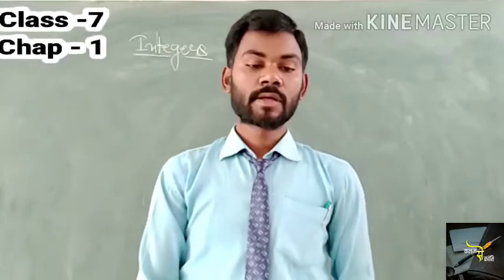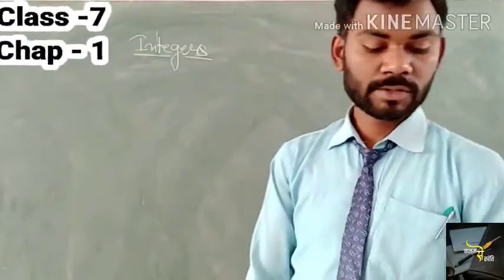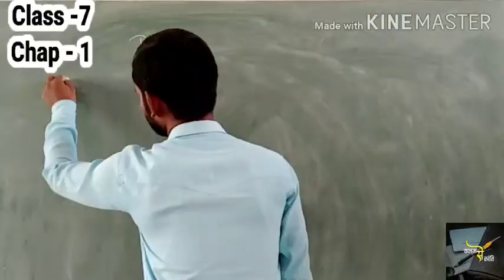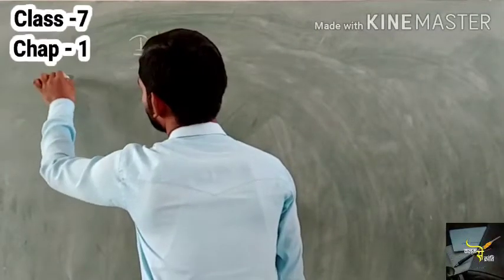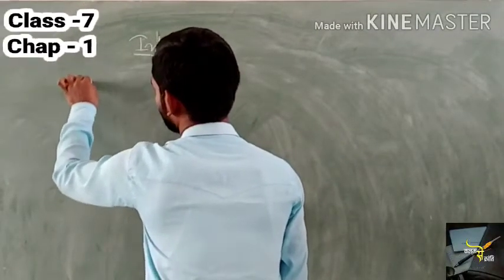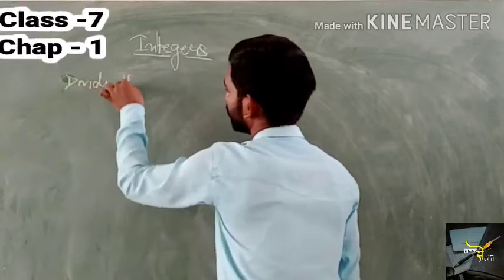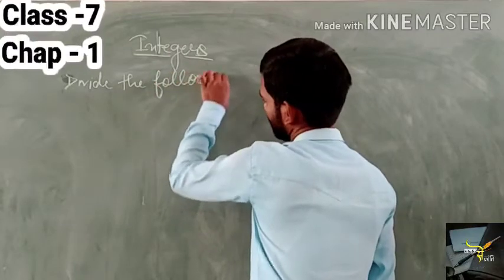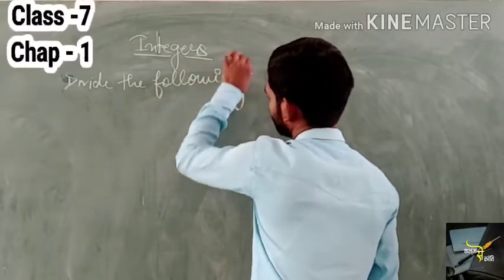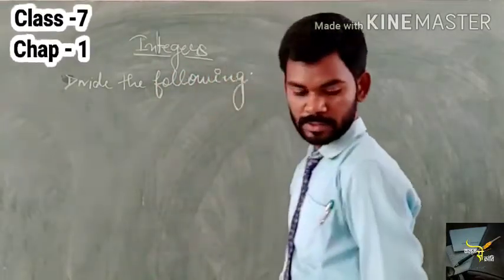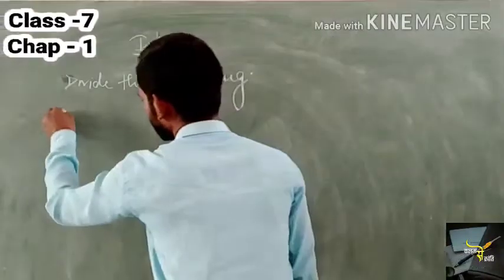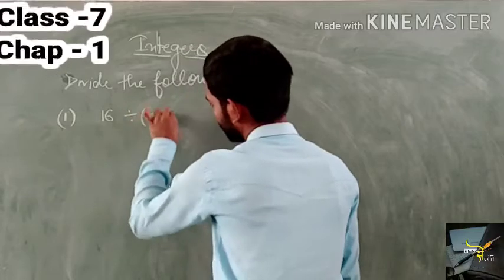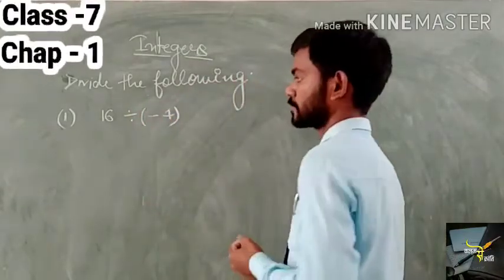So here I am going to tell you the question. Divide the following. The first question is very simple: 16 divided by minus 4.